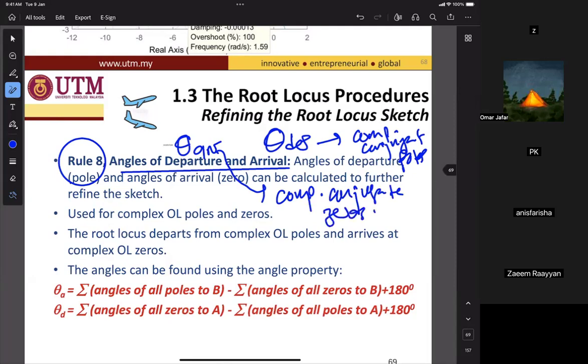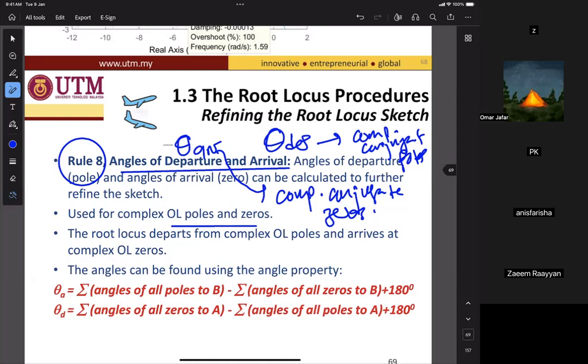They are used for the open loop poles and zeros. The root locus departs from the complex open loop poles and arrives at the complex open loop zeros.